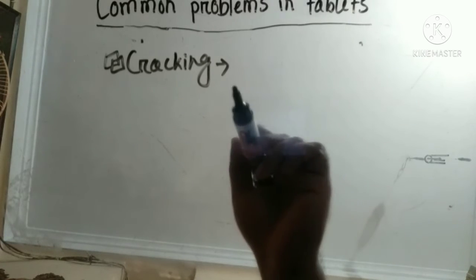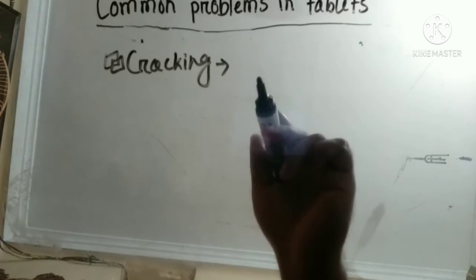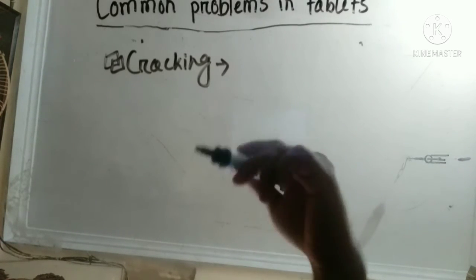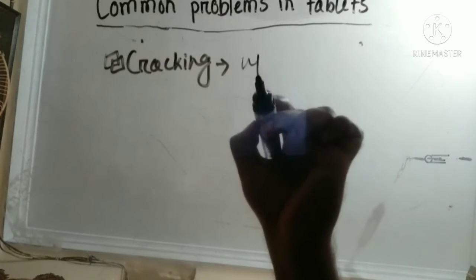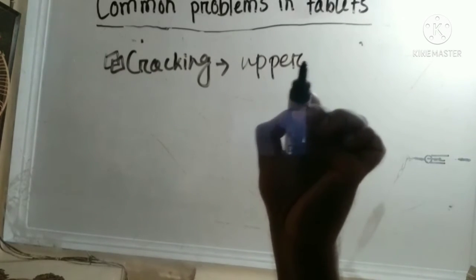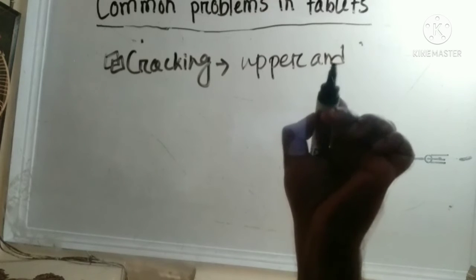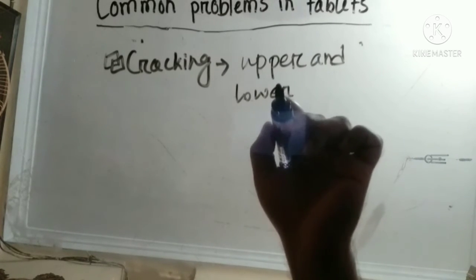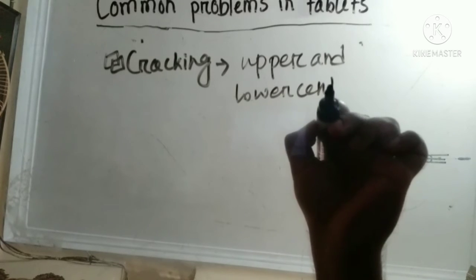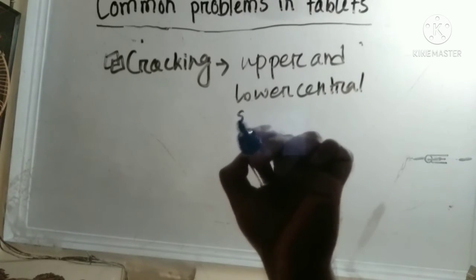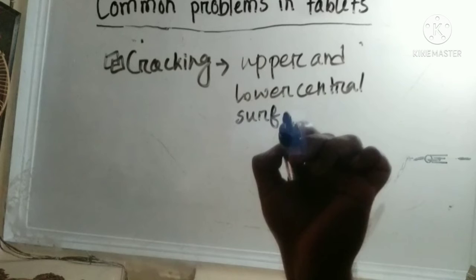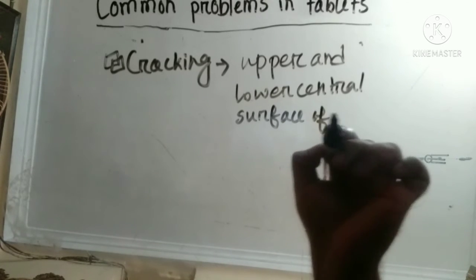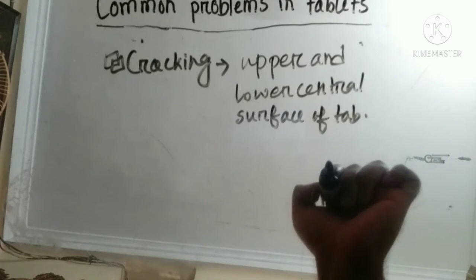So cracking is actually observed in the upper and lower central surface of tablets.